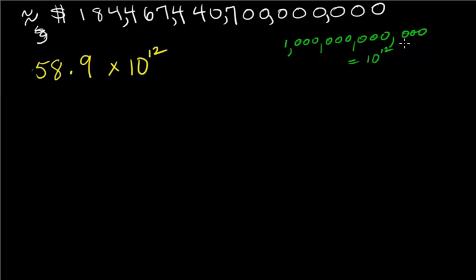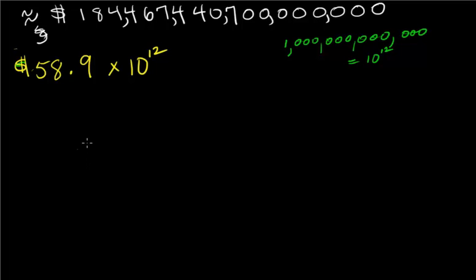So if you have 58.9 trillion, this represents the approximate amount of money that exists in the world if it was all converted to dollars. And this number is much larger than that. So there doesn't even exist as much money as is on that checkerboard.